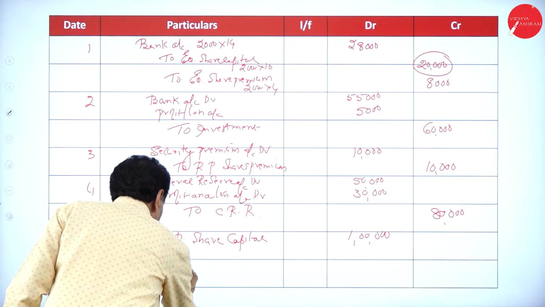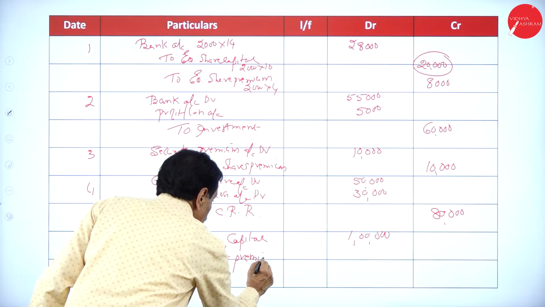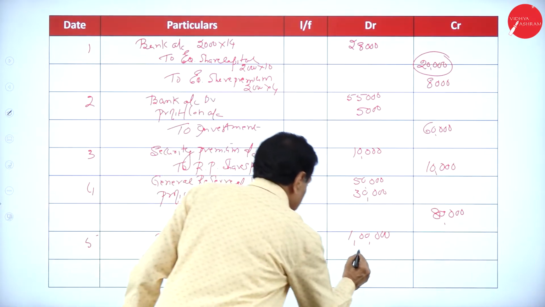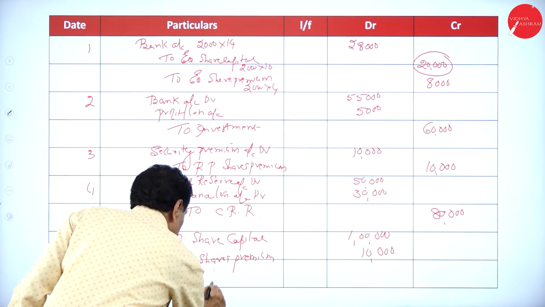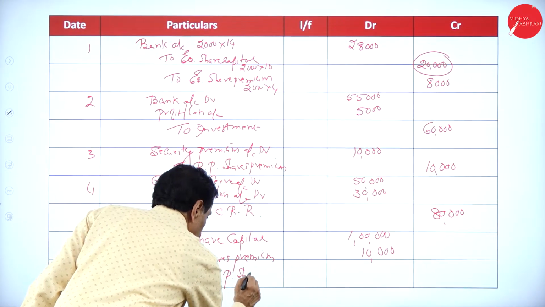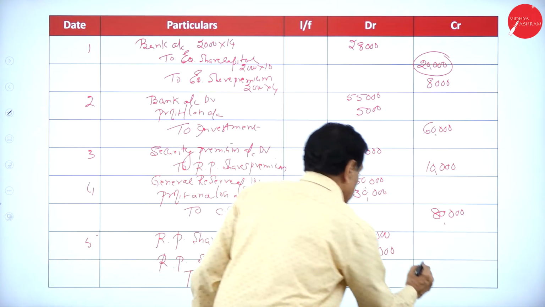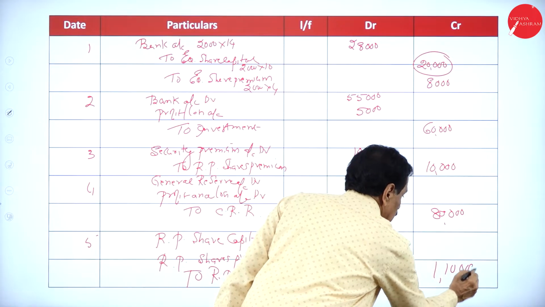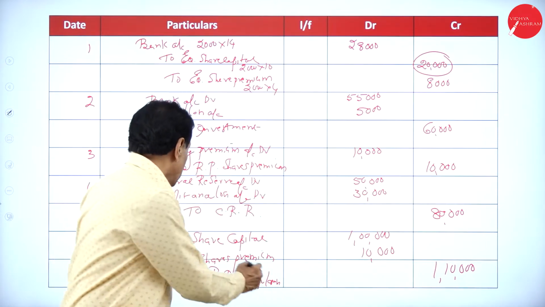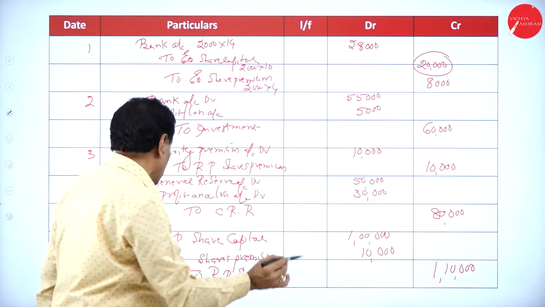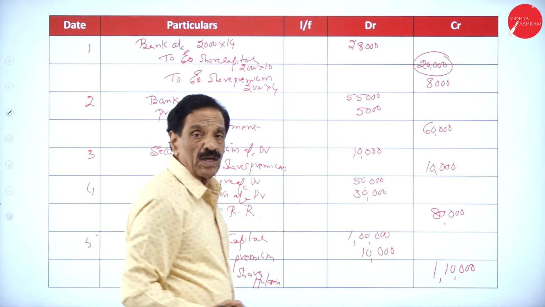Redeemable preference shares premium 10,000 to redeemable preference shareholders 1,10,000. How does the entry go? Redeemable preference share capital account debit, redeemable preference share premium account debit to redeemable preference shareholders account.